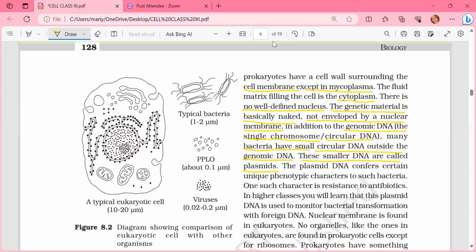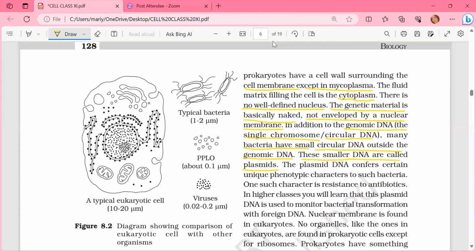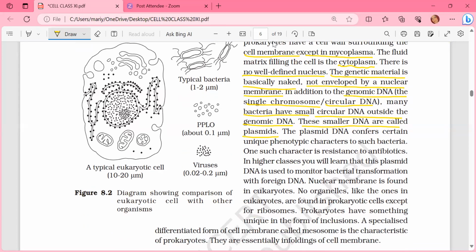Now, what is the function? The plasmid DNA offers many unique phenotypic characters to the prokaryotic cell, and more specifically to the bacteria. One such character is resistance to antibiotics, meaning that no antibiotic can kill it.